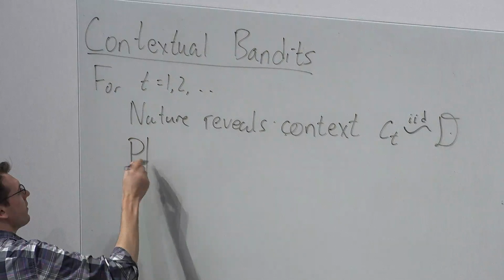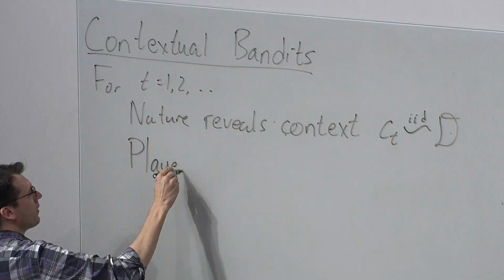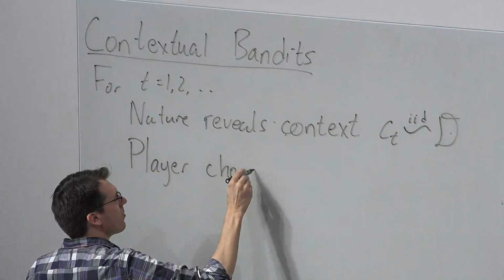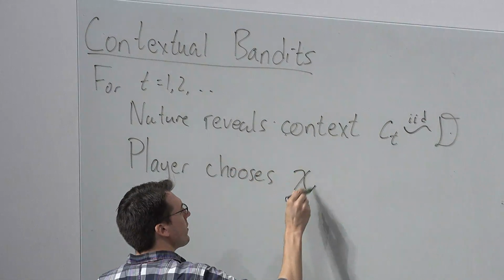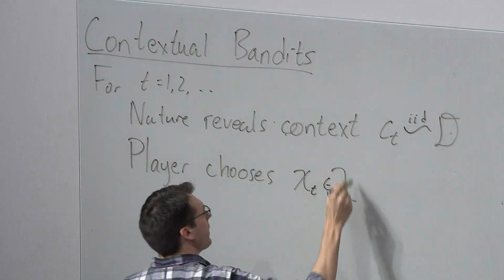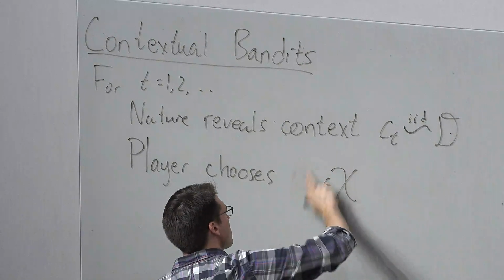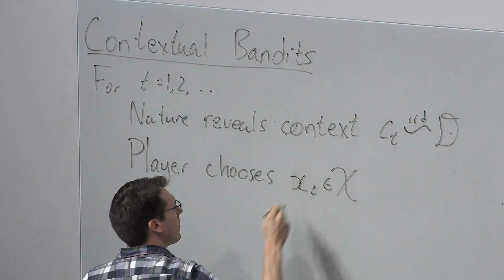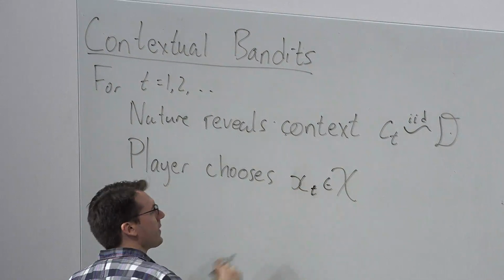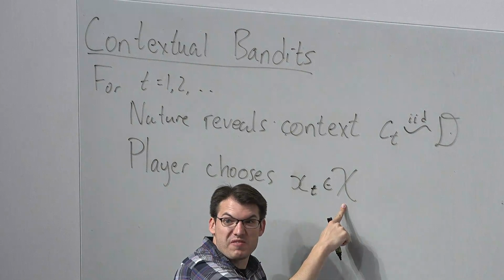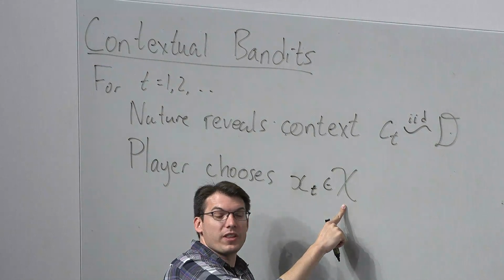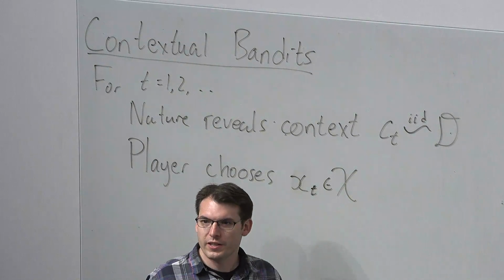And now the player, or the algorithm, chooses one of the arms, x_t in X, where this is his known set of arms. These could, again, be feature vectors, or they could just be an arbitrary set, like 1 to n.